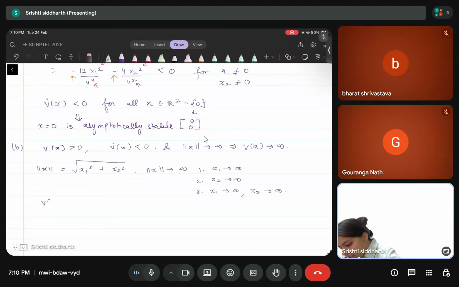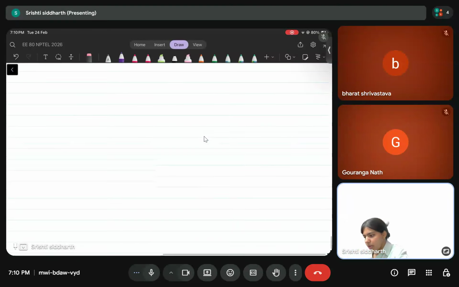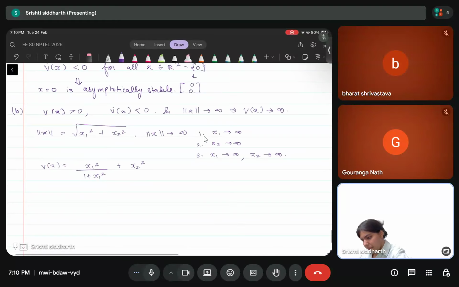So V(x) is x1 squared over 1 plus x1 squared, plus x2 squared. As x2 tends to infinity, V(x) also tends to infinity.